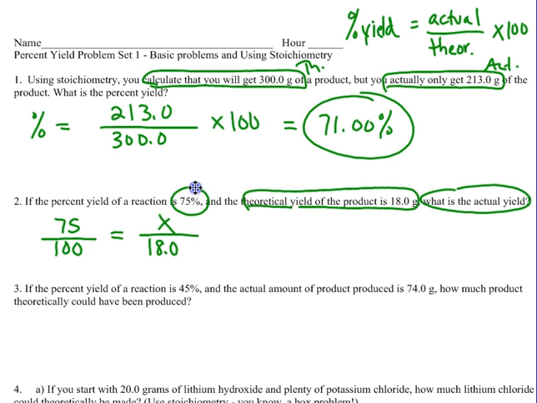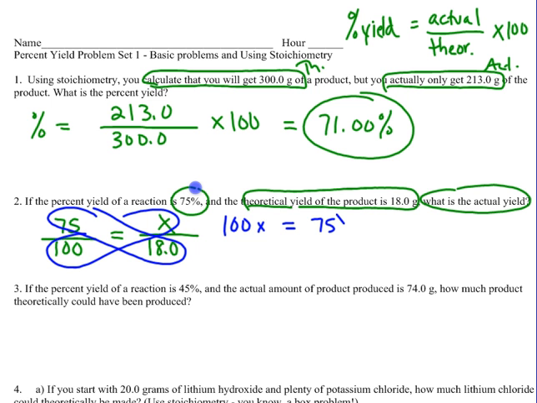Because this is an equal sign, not a multiplication sign, this is a cross multiplication problem. If you're not familiar with this technique, you multiply the denominator of one fraction times the numerator of the other fraction, and that's 100x. Then you do the same with the other side, and so this is 75 times 18, and then we need to divide both sides by 100 because we're trying to solve for x all by itself.